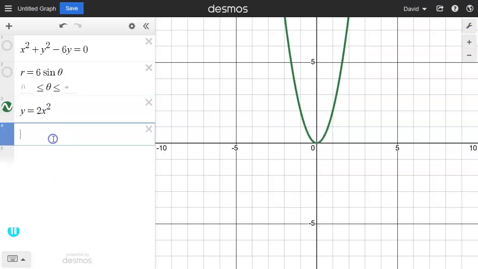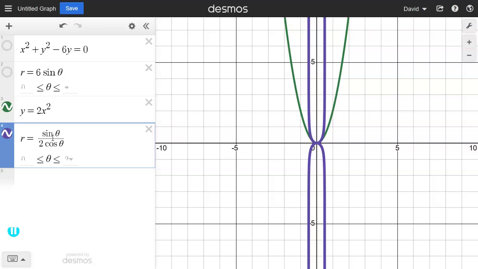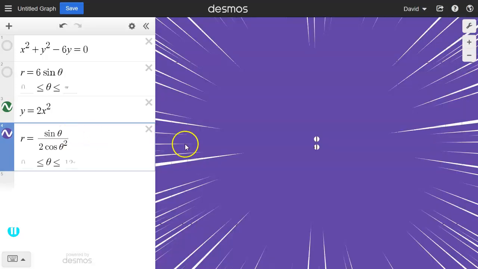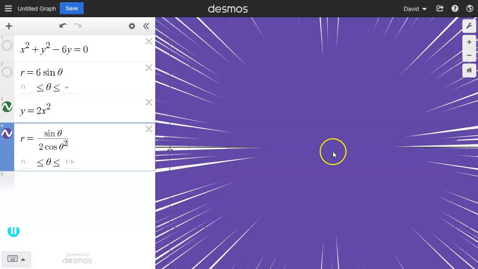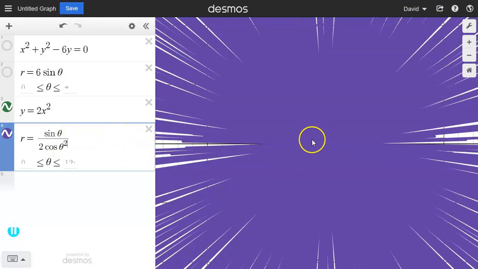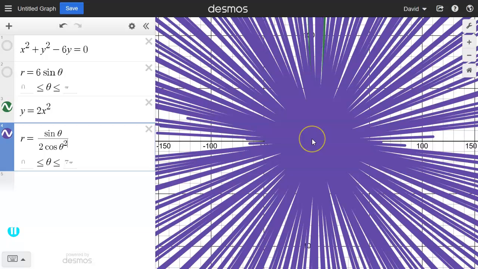There we go. And our answer was r equals sine theta all over 2 cosine squared theta. Whoa. It's what? Cosine squared theta.